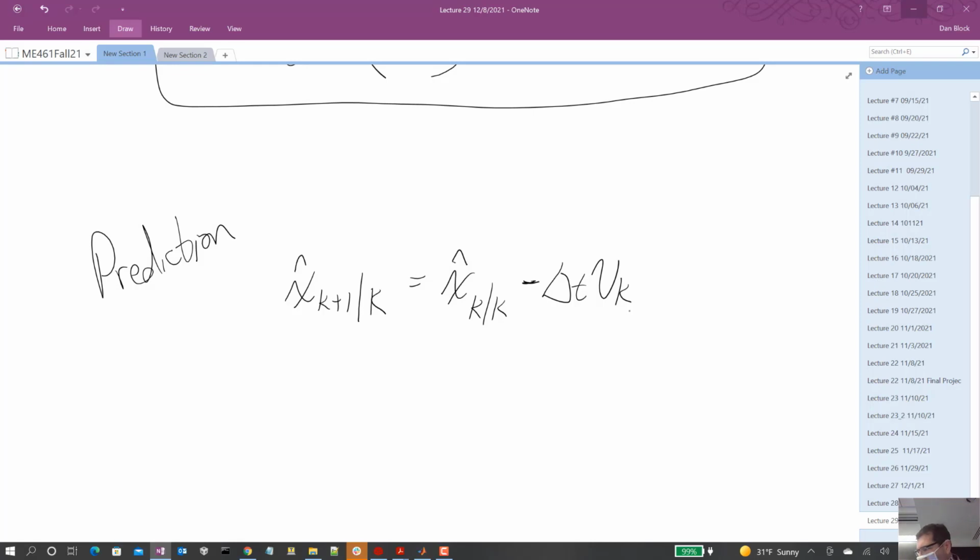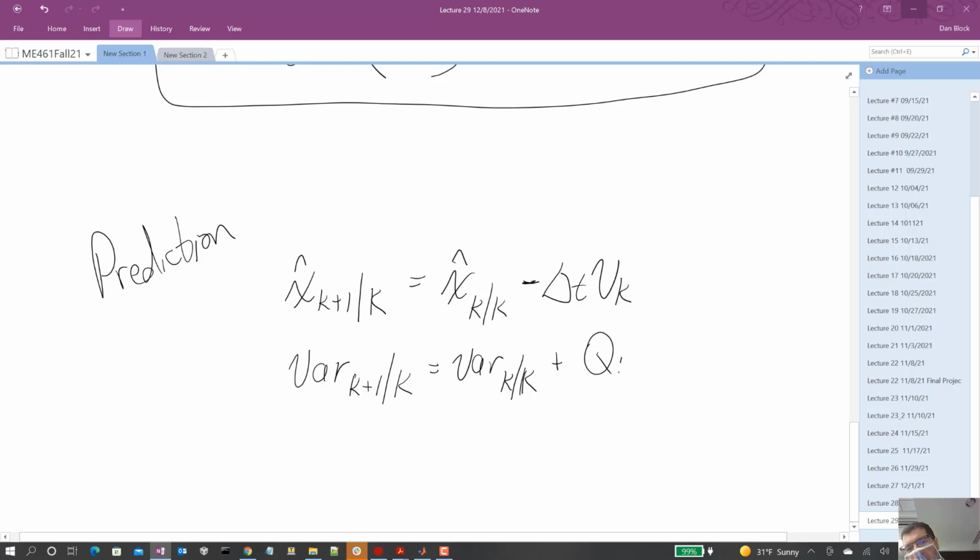We also have to be keeping track of our trust, or 1 over trust, our variance. And so our new variance is what our variance was previously, plus this Q value.